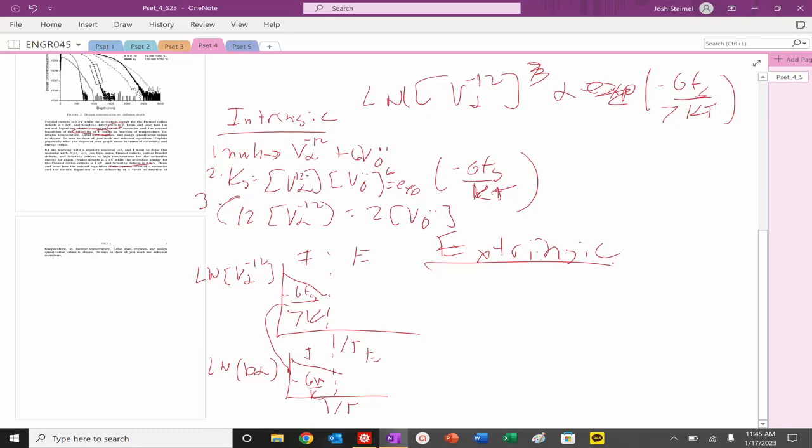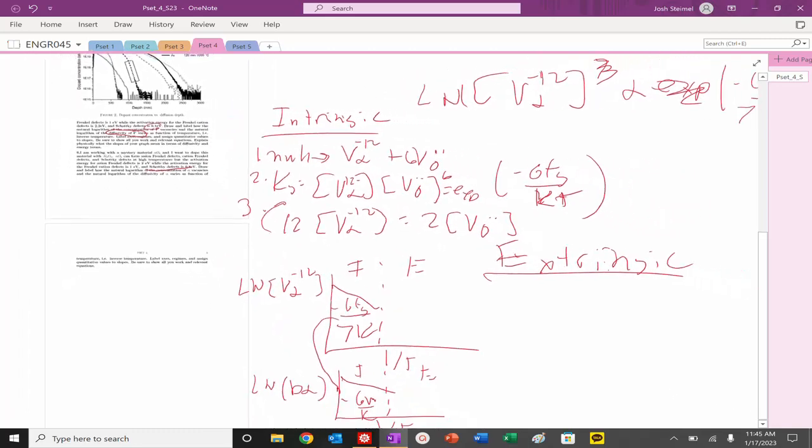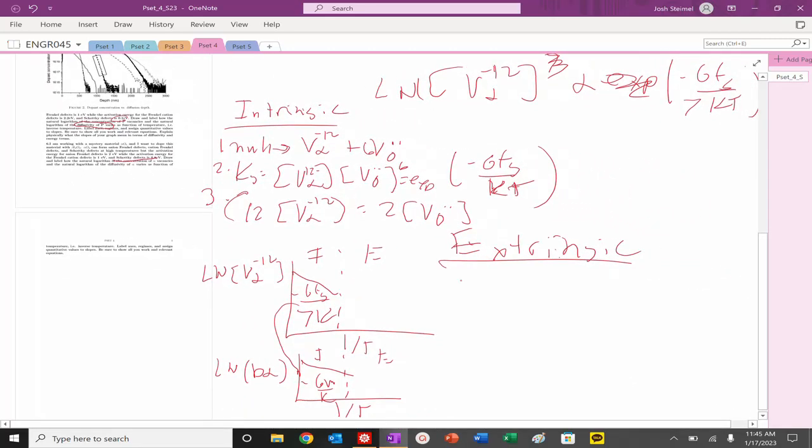Now for the extrinsic case. I'm doping it with Al2O3. So Al2O3 goes into alpha O6. I need to have a vacancy of alpha, which is minus 12.